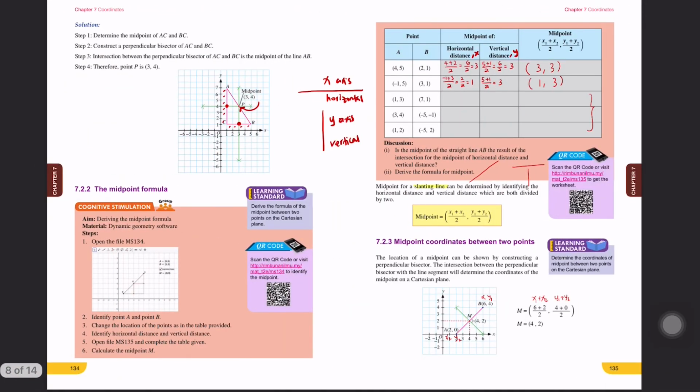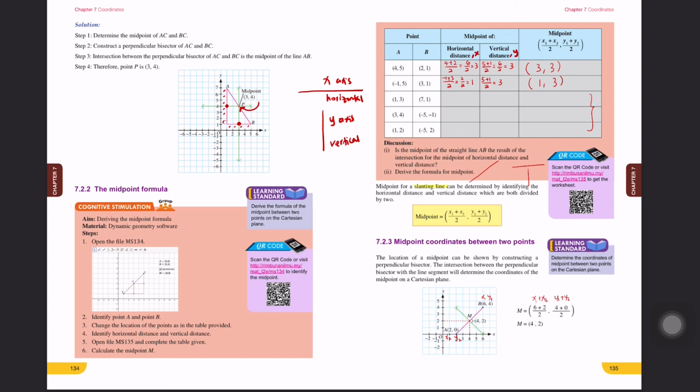So basically for today's class, you have learned 2 things: midpoint, by using Cartesian plane dan formula, and the final one is we learn about how to solve problems.